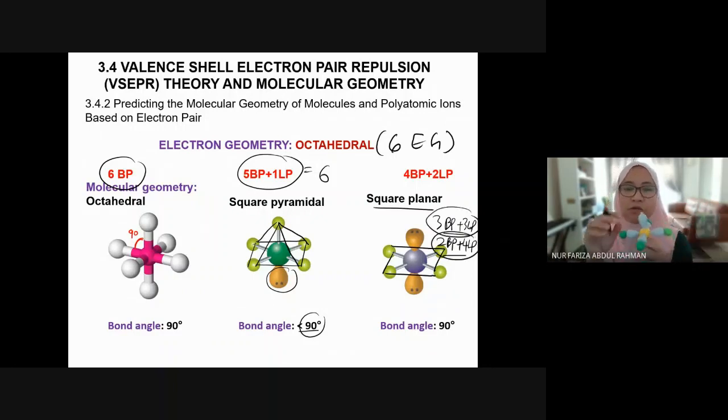So imagine if you were to have another lone pair. So the only thing we could remove, we place the lone pair at any of these four, right? So place it anywhere. Okay, so the molecular geometry is now what, guys? What do you see? What is the molecular geometry now?